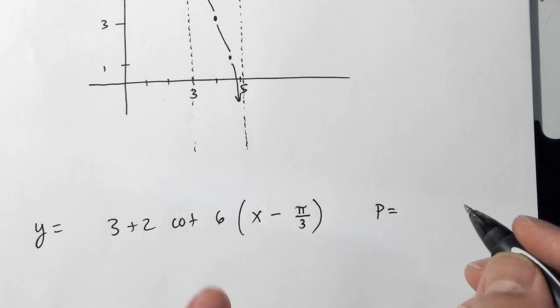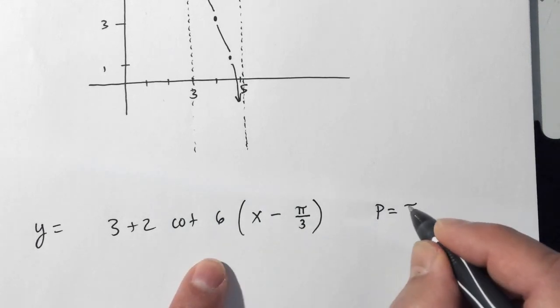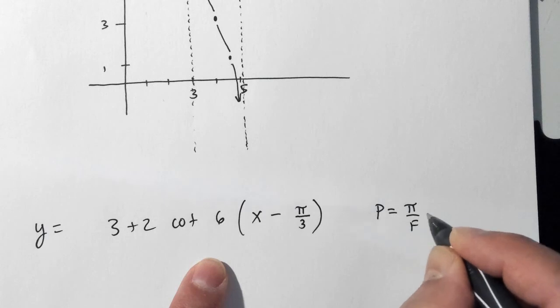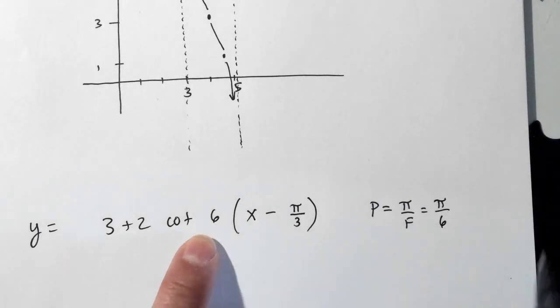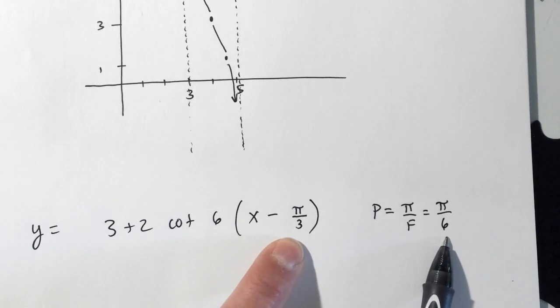Period equals pi divided by the frequency. The frequency is 6, so pi over 6, and then we want a common denominator.